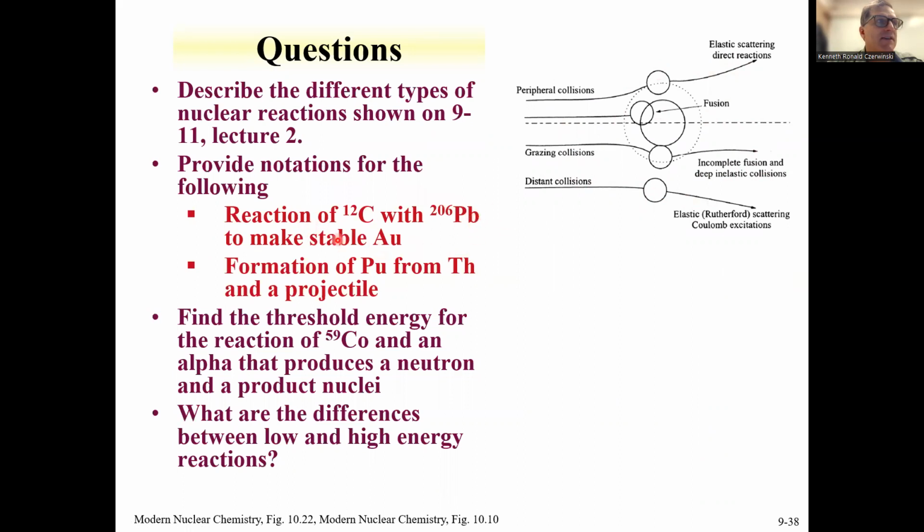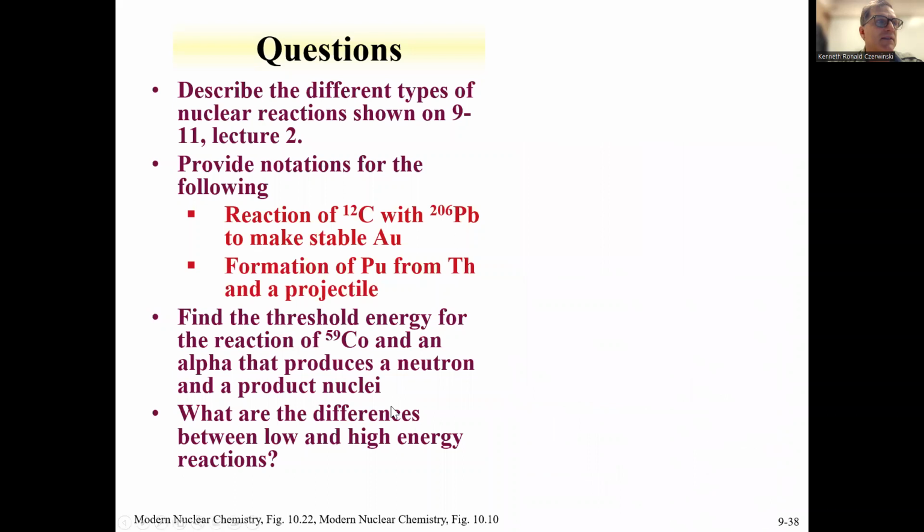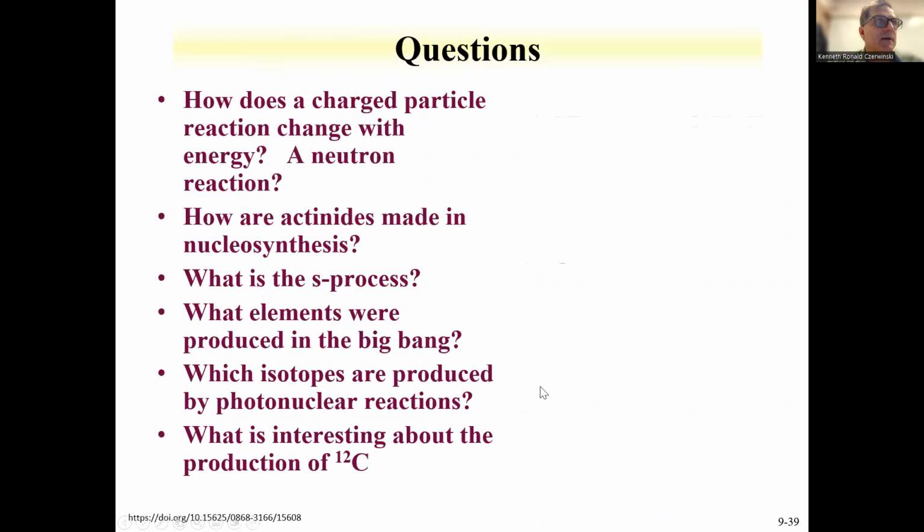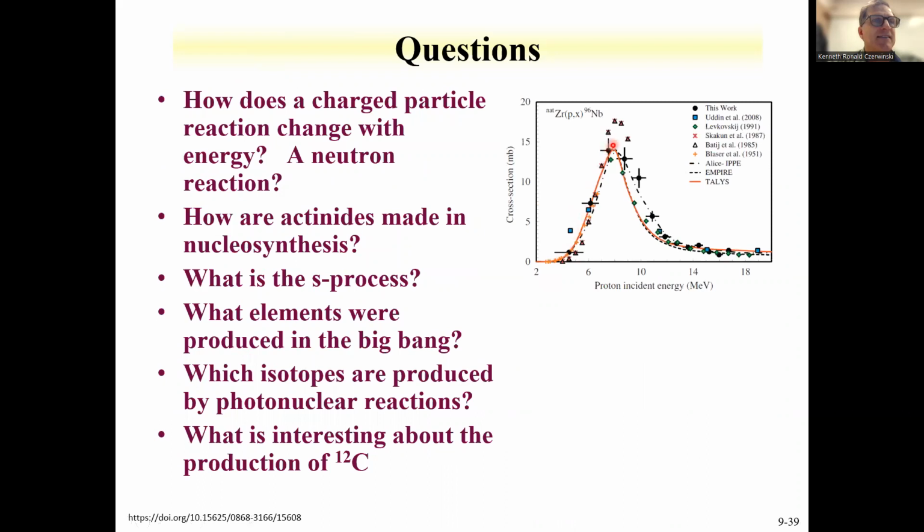Be able to do some notations, find threshold energies, and know the difference between low and high energy reactions in terms of cross sections, as shown here. Understand excitation functions. Why do they have the shape that they do? And then what are the S processes? And what's interesting about the carbon-12 production?